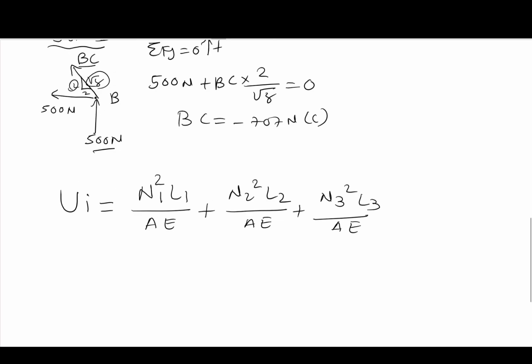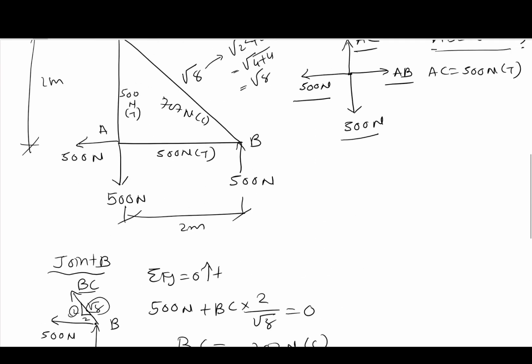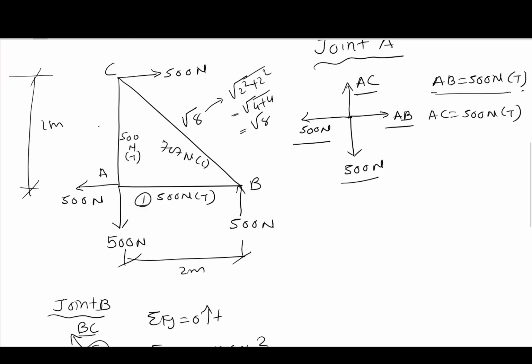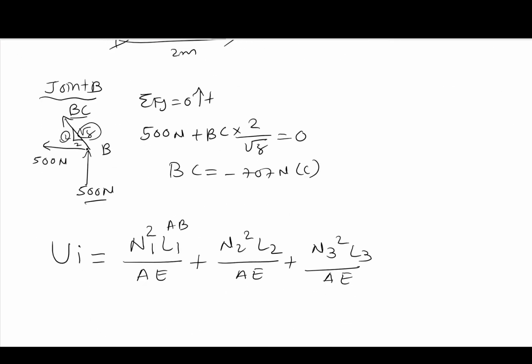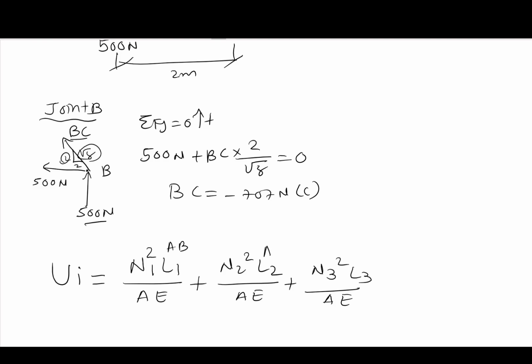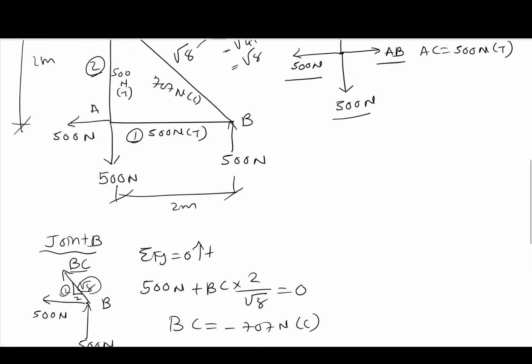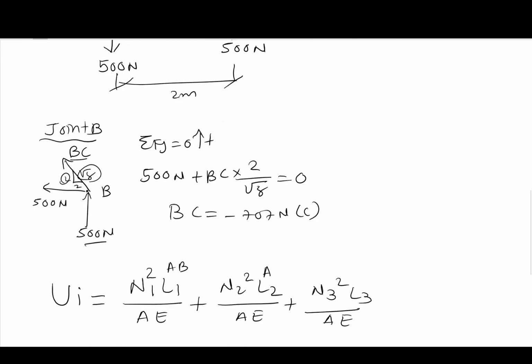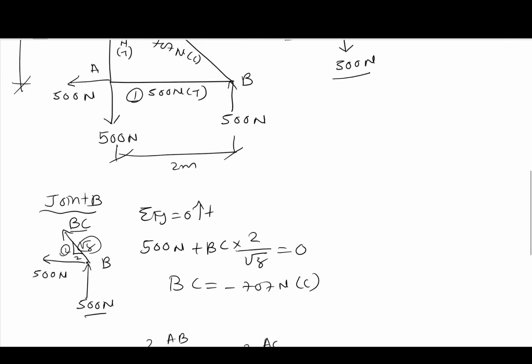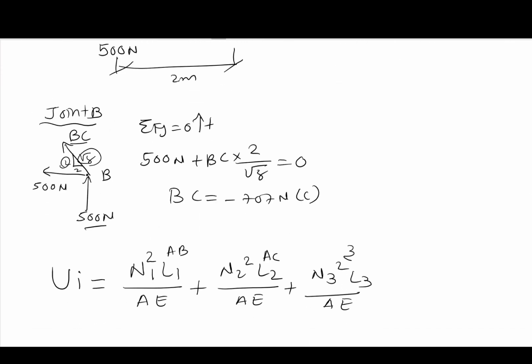So let's say member AB is 1, member AC is 2, and member BC is 3.